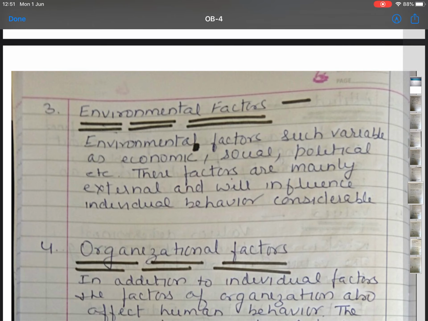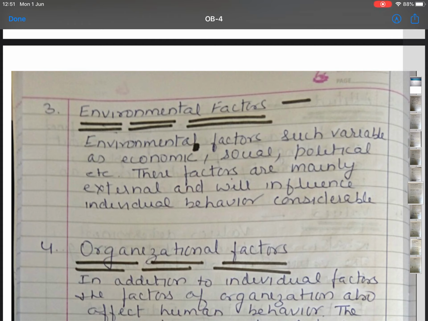So the economic factors do affect individual behavior. If the employment level is high, then definitely the wage rate is high. If there is very good technology in the organization, this is going to affect individual behavior.